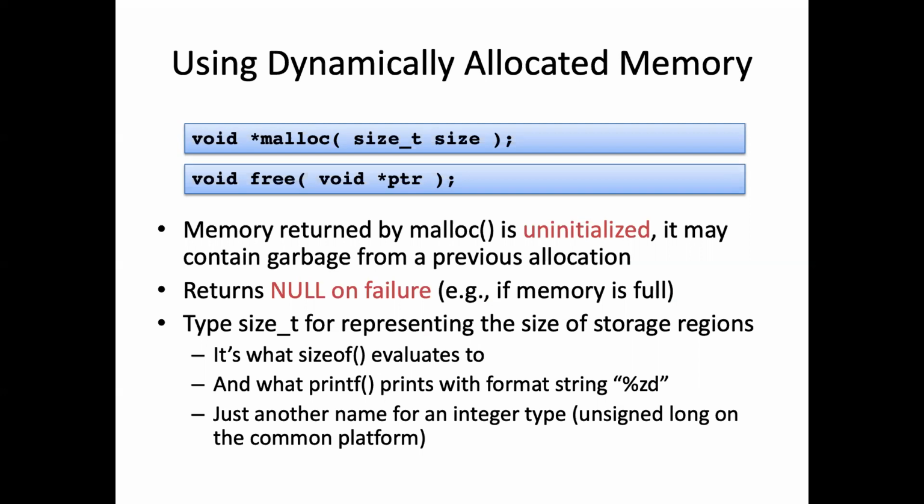So when you allocate a big block of dynamically allocated memory using malloc, it's going to contain whatever used to be there the last time your program was using that memory. So it means you shouldn't count on it being full of zeros or any particular value, unless you write your own code to fill it with zeros.